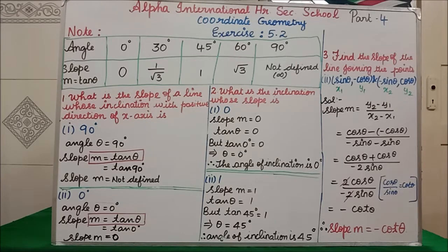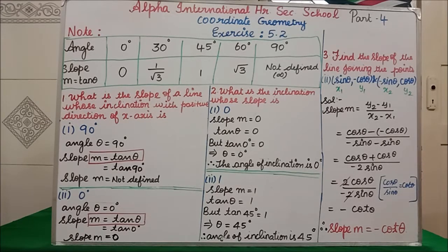Which means how can we write now? Minus 2 sin theta we can write. The next step, cos theta plus cos theta is 2 cos theta divided by minus 2 sin theta. So the 2 will get cancelled.